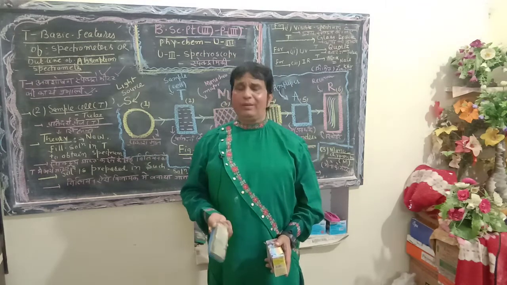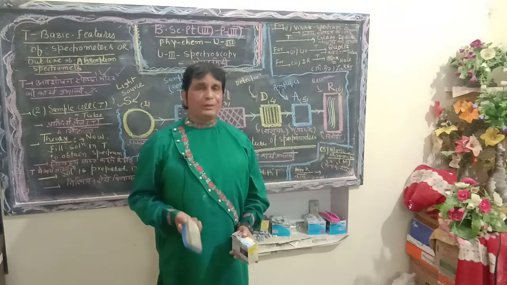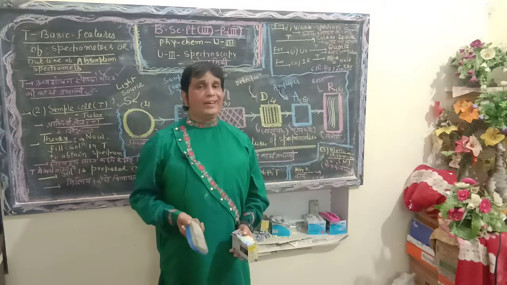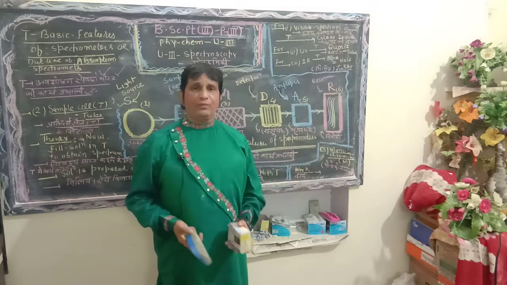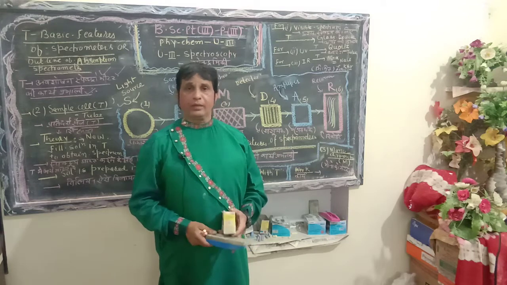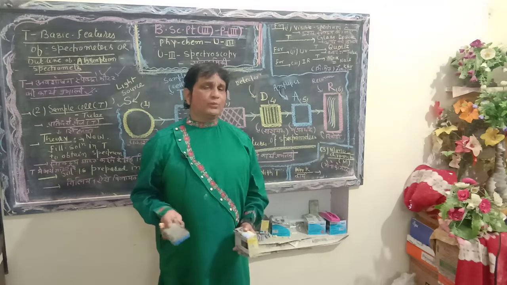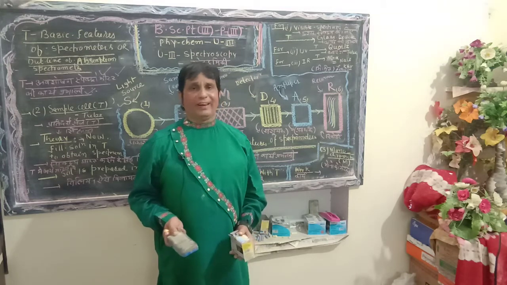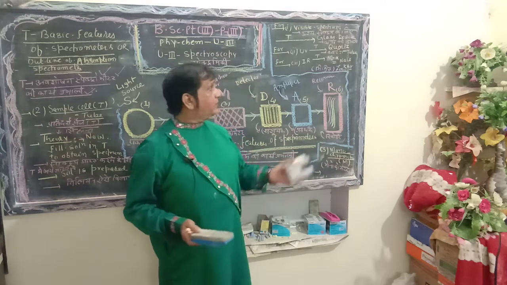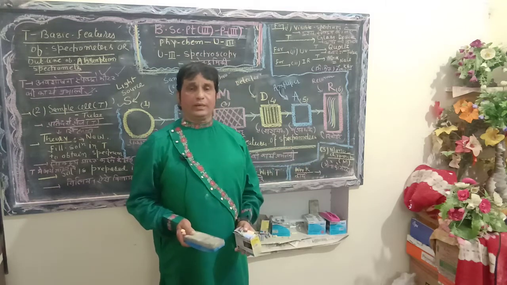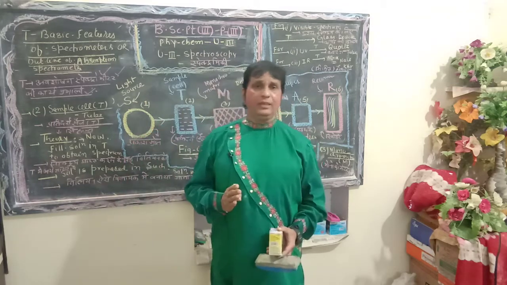Dear students, in our previous lecture I defined that the spectrometer is the device which is used to record the intensity or wavelength of a single color. On the other hand, the spectroscope is the device which is used to observe several wavelengths together.